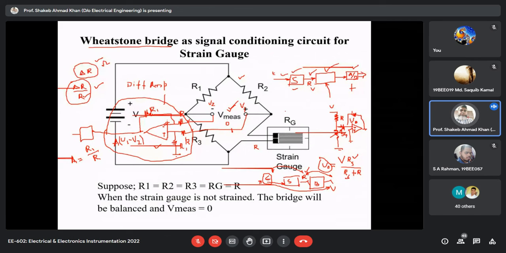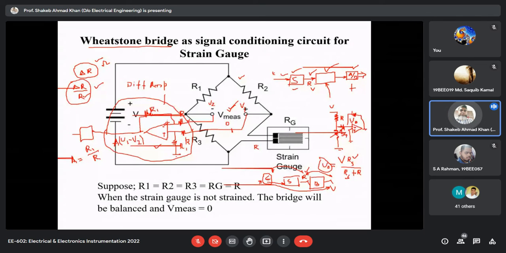Now suppose you're putting it somewhere in the field, say to measure the strain of a flyover, and the strain is not changing, but there is a temperature change. If it is made of semiconducting material or even a conducting material like platinum or any other stable material, or even copper, then because of the temperature its resistance will also change.